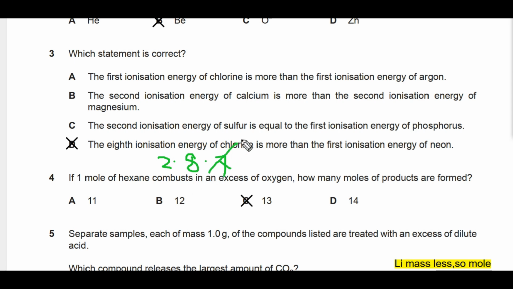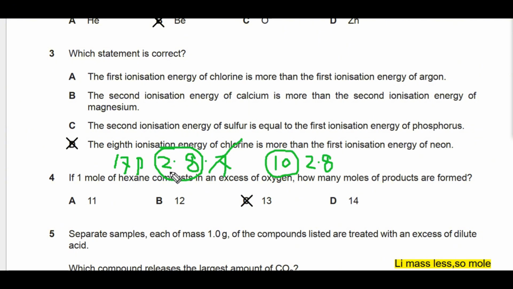So when 7 electrons are lost, there are 2 shells. Chlorine has 17 protons in its nucleus and there are 2 shells. Neon is 2, 8, but it has 10 protons in its nucleus.